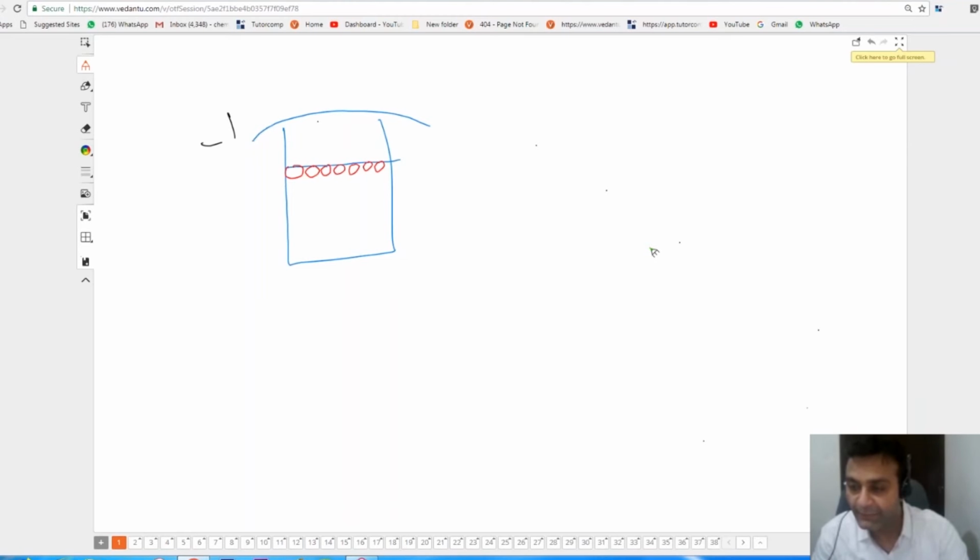Not easily evaporating. Those which do not vaporize. Chitransh, absolutely correct. That do not get converted into vapors. Can you give an example of a non-volatile solute?